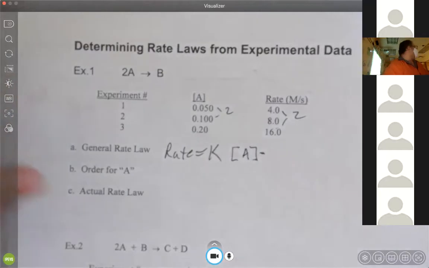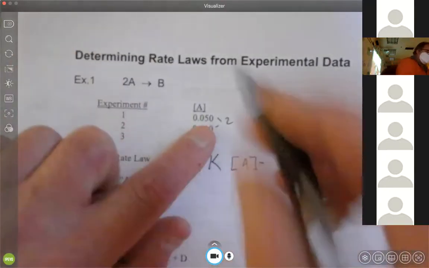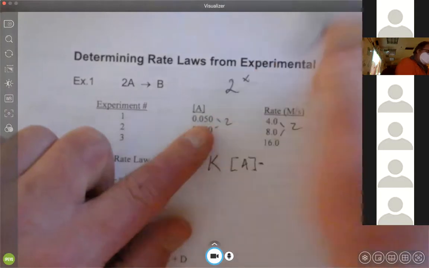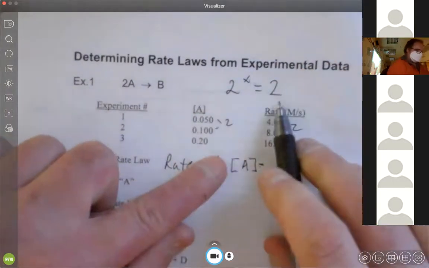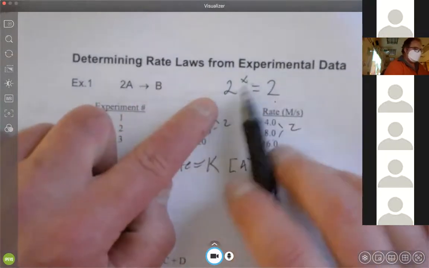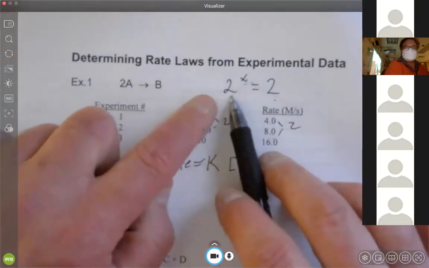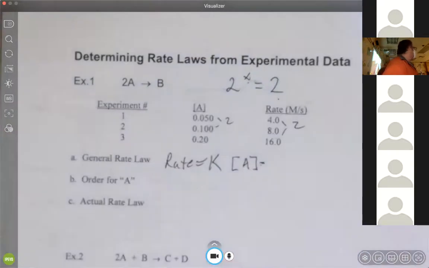Now, to tell you the truth, this is how poor I am at math, but there may be a term for this that I'm not going to know. Basically, we say 2 to the x, that order, doubled the rate. So the change in concentration to the x equals 2. Was that called something?